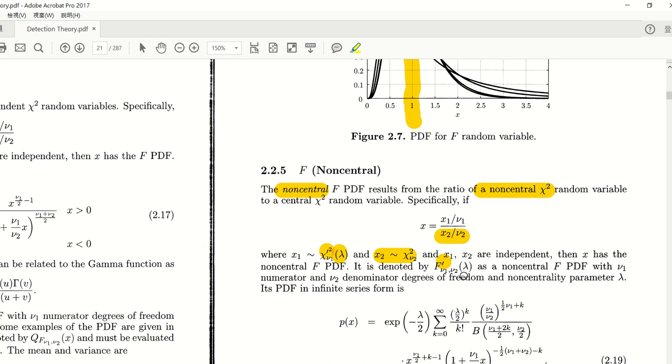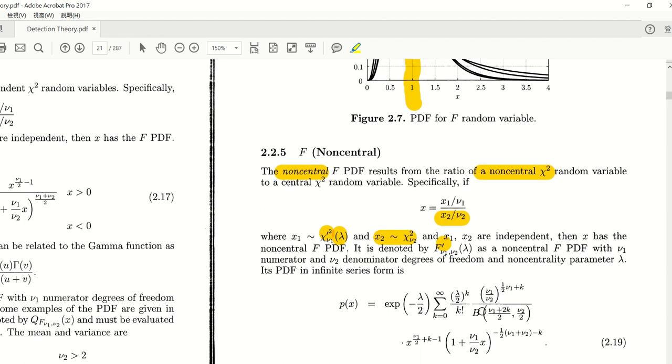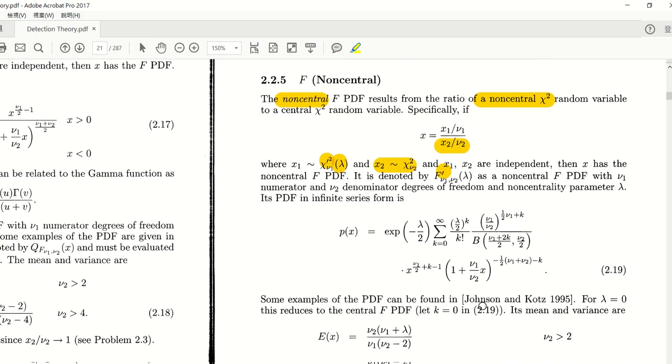And as a function of lambda, it is a non-central F PDF with V1 numerator and V2 denominator degrees of freedom and non-centrality parameter lambda. Its PDF in infinite series form is like this. Okay, let's take a look. It doesn't look very simple.